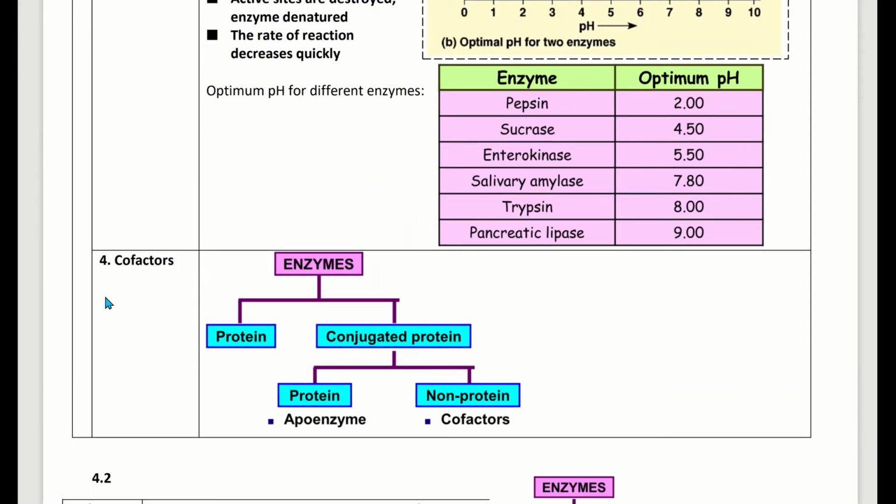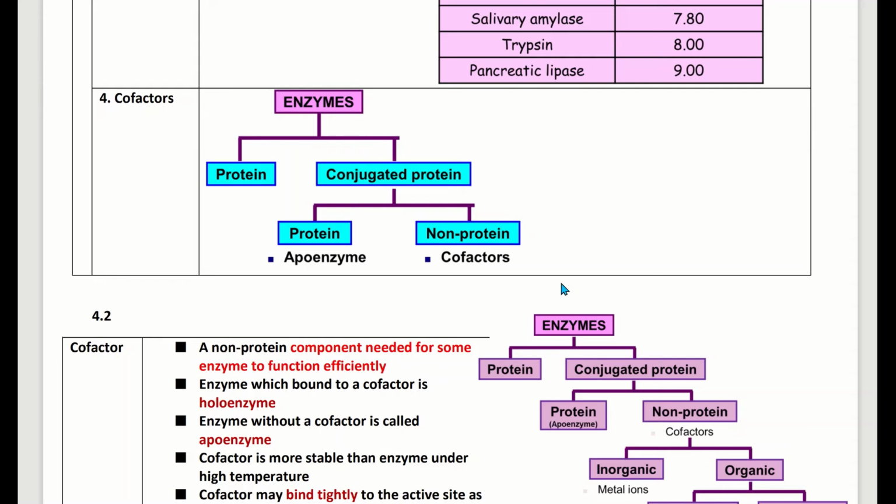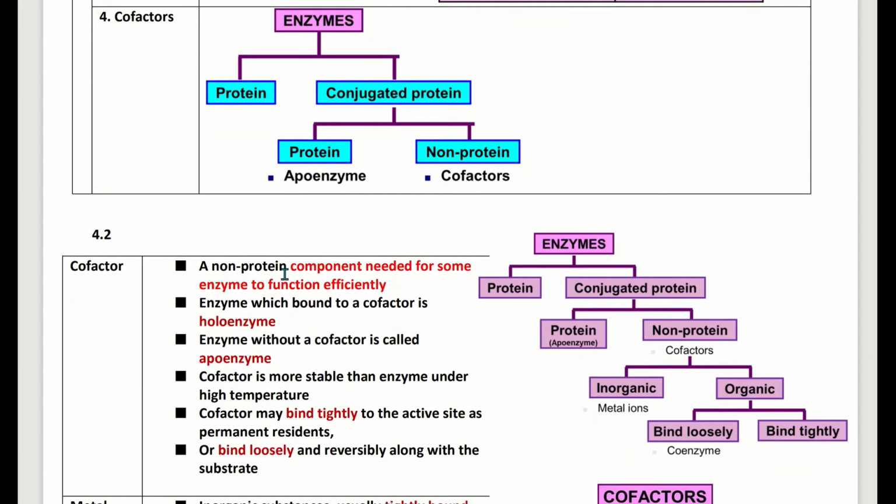Okay, so yang keempat, cofactor. Cofactor ni apa? Okay, so you tengok cofactor ni dia adalah non-protein. Okay, dia adalah komponen yang non-protein yang digunakan, needed for some enzyme. Some enzyme needed the cofactor to function efficiently.